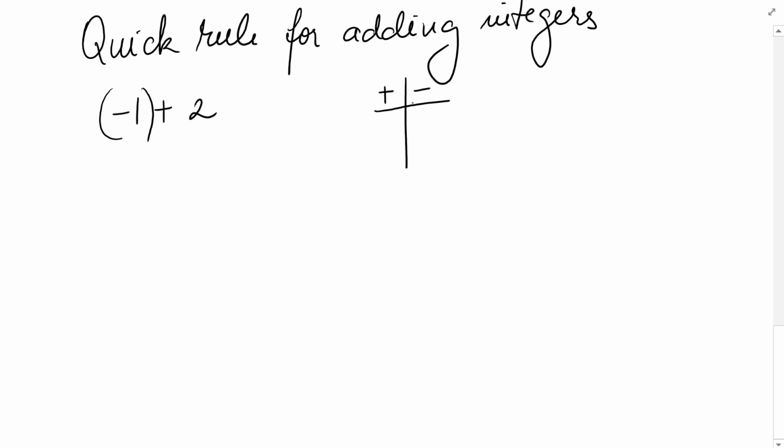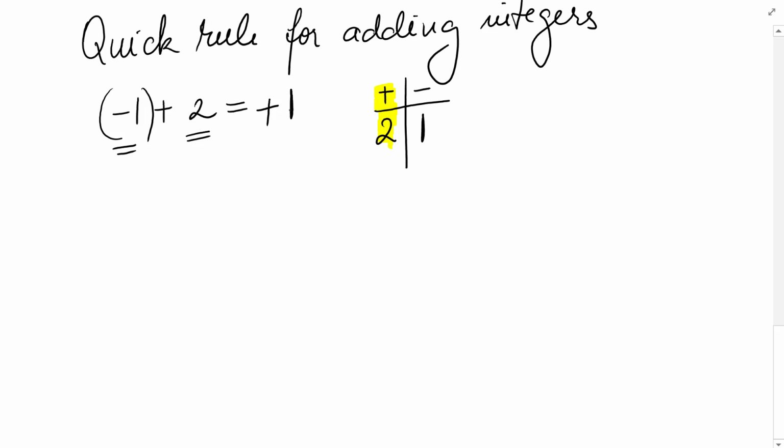The positive team scored 2 points because it has plus in front of 2. The negative team has 1 point because it's negative 1. Negative, it's in front of 1. So now, which team wins? Well, obviously, the positive team wins because it has more points. So the answer is going to be positive. And by how many points it wins? It means it wins by 1 point.